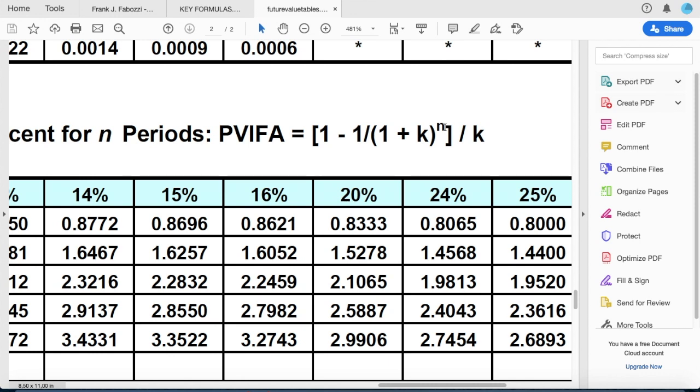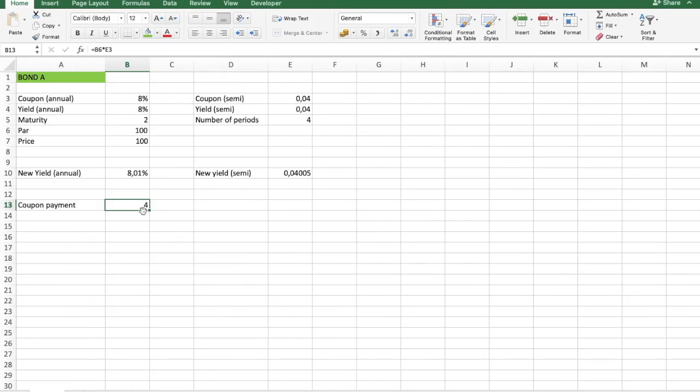And we have to pay attention, because this formula is for an annuity equal to $1, while our annuity is equal to, say, $4. So this is the repetitive coupon payment that the bond A is offering to the bondholders, right?